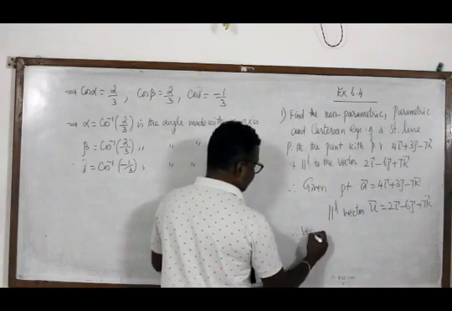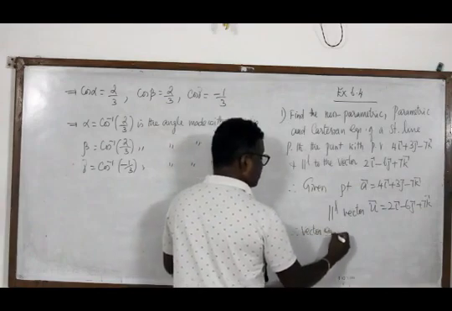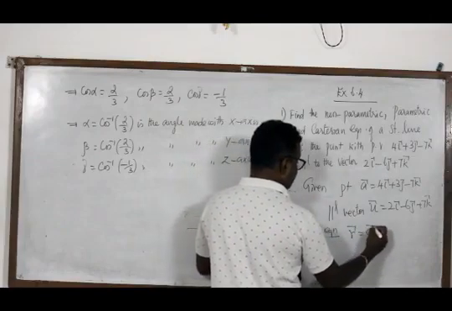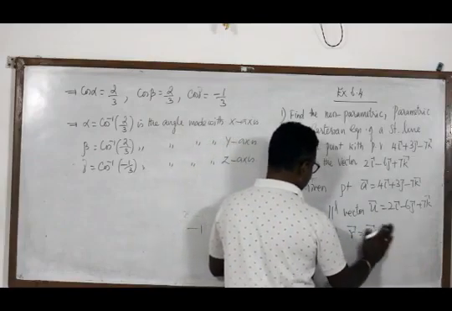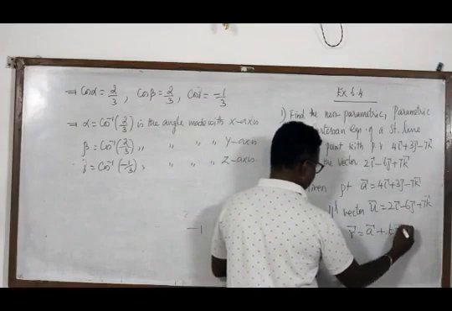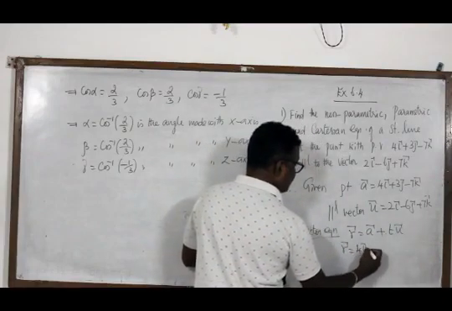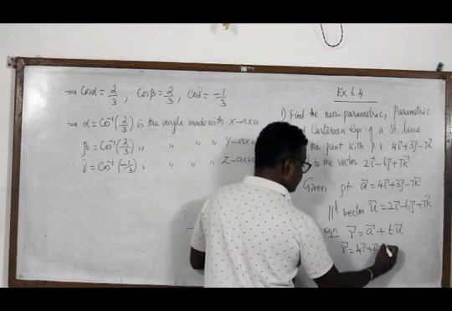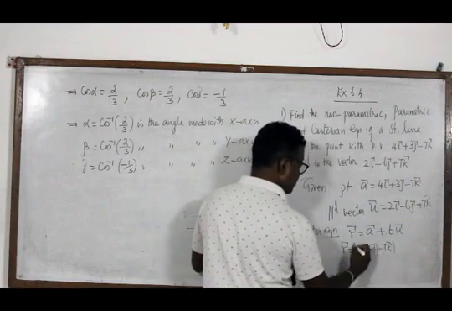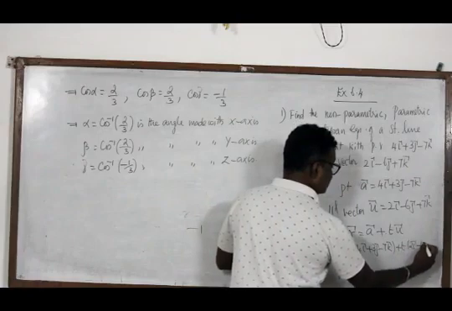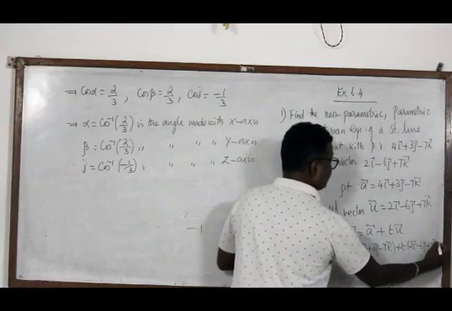Therefore, the vector equation, this is parametric, is R vector equal to A vector plus T U vector, or S U vector, whatever it is. Then R vector equals 4i plus 3j minus 7k plus T into 2i minus 6j plus 7k.